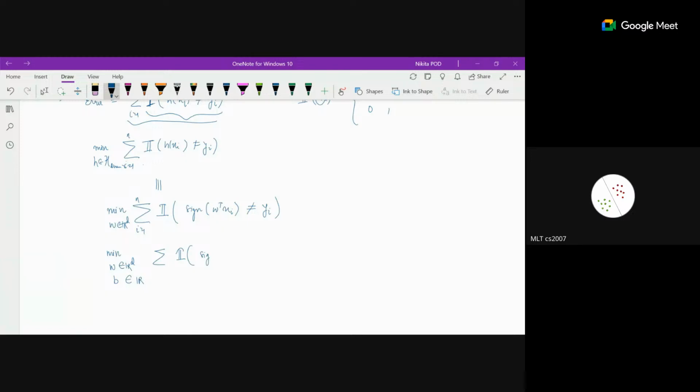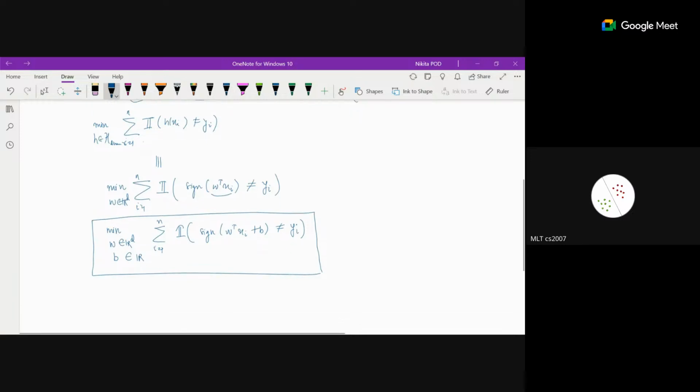Now, instead of looking at sign of w transpose x_i, we are going to look at sign of w transpose x_i plus b, and we are going to see whether this is equal to y_i or not. So this is one way to define your loss function or error function. And we want to minimize this objective, basically.